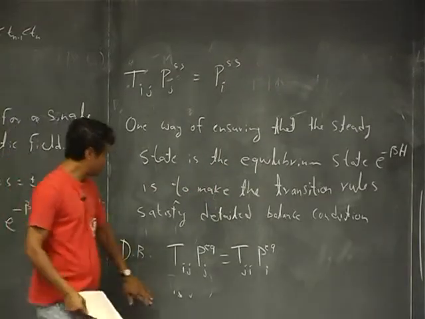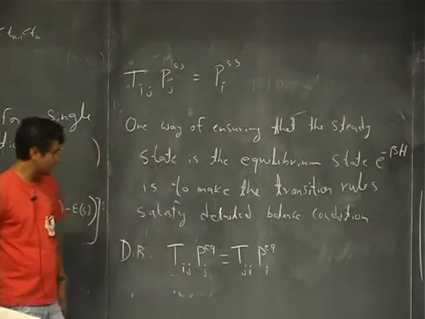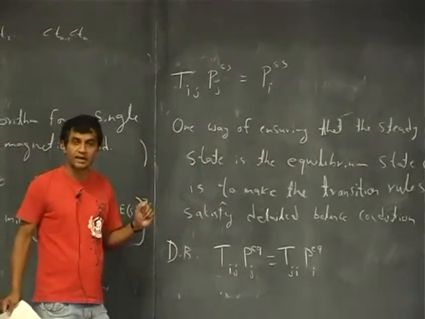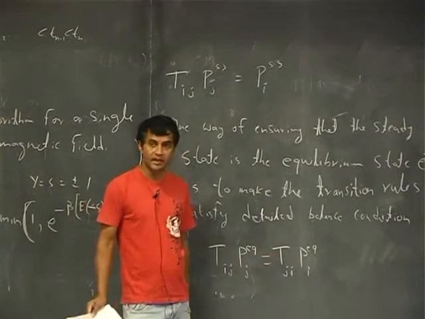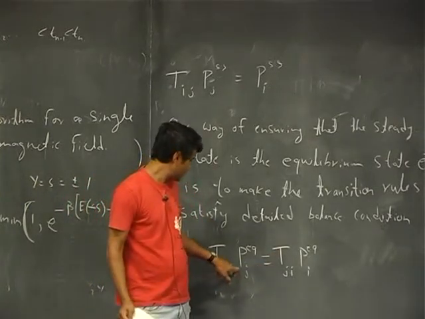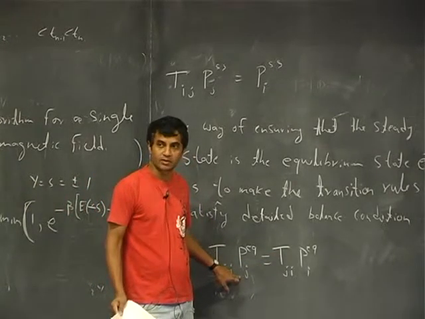Okay, so now if you choose the rate such that this is satisfied, then you can easily show that actually this is the equilibrium state. Okay, so how do you show that?